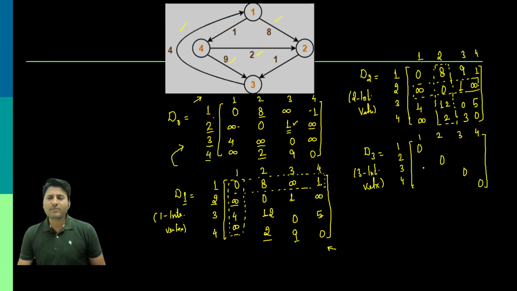The third row and third column already include 3, so write them as they are from D2. So this is 4. Let me write it from D2.